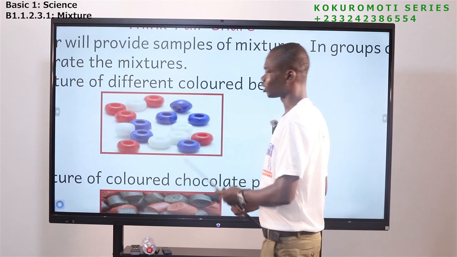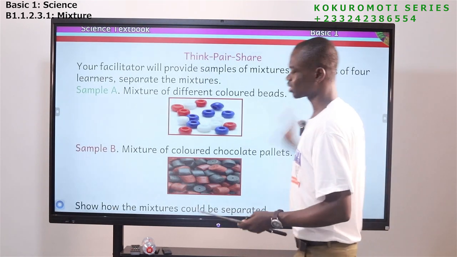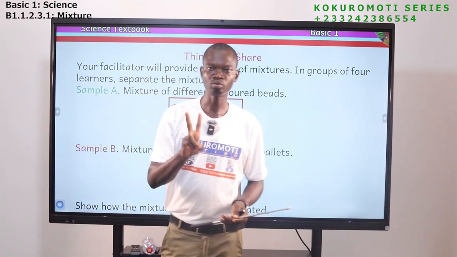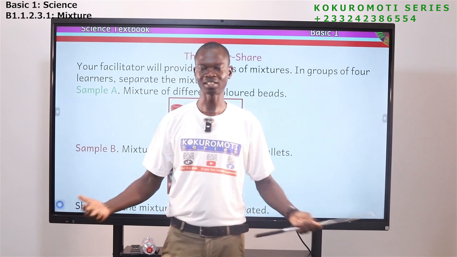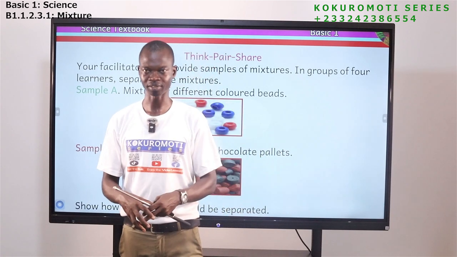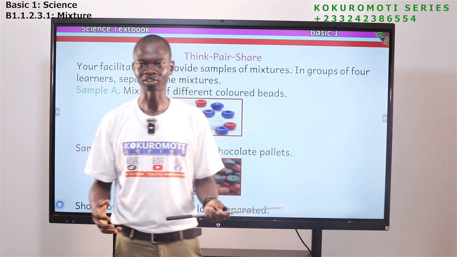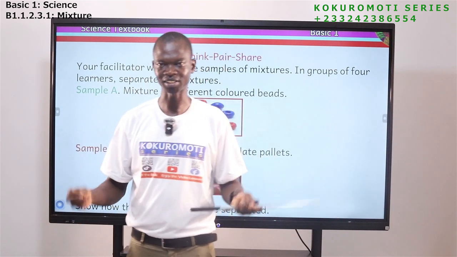A mixture. Okay. So what we have learned today is that a mixture is formed when 2 or more materials, objects, substances are put together. So if you want to form or make a mixture, you need 2 or more materials to make a mixture.